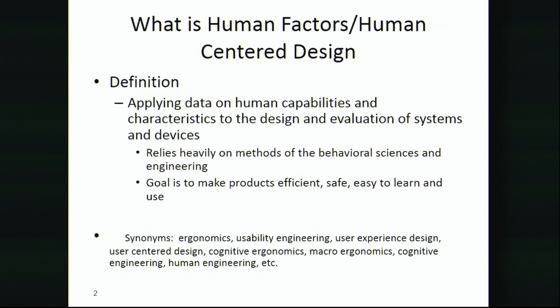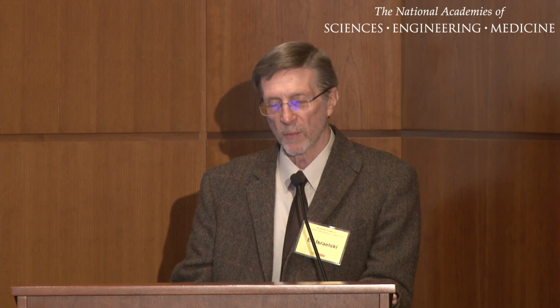And in the United States, when we talk about ergonomics, people focus on the physical interaction, forces, grip, matching body size, hand size. There are these other terms, usability engineering, user experience design, user-centered design, so on and so forth. For our intents and purposes, we're talking about the same thing.